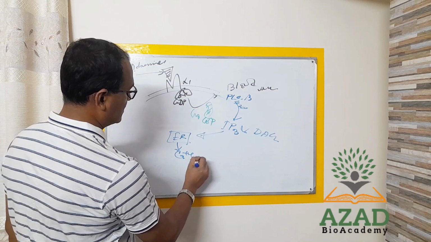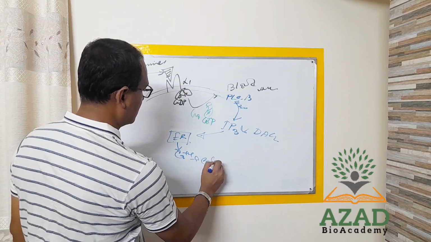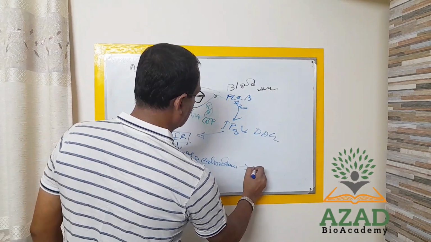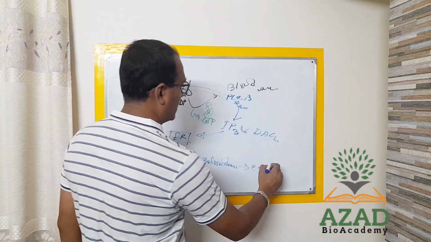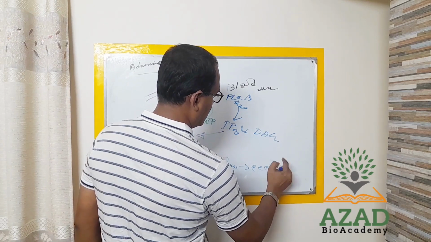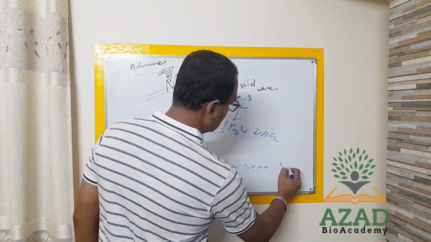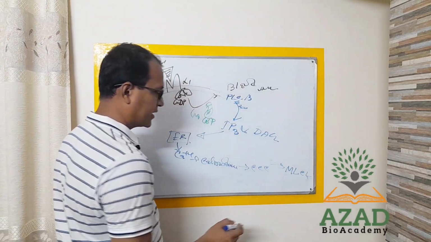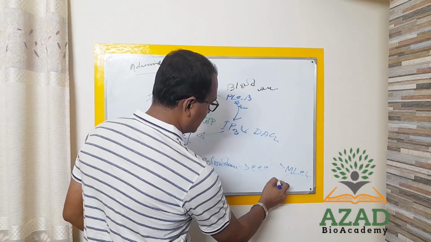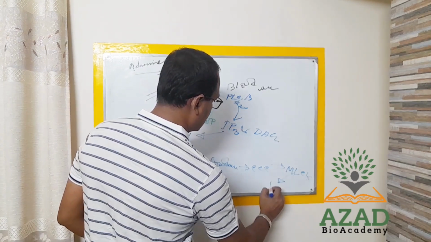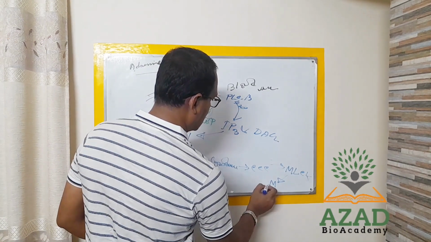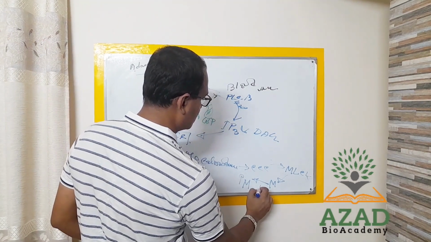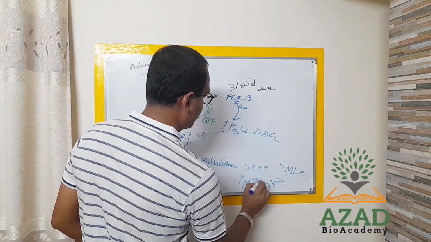Okay, that calcium will bind with the calmodulin. That calcium-calmodulin complex will activate the myosin light chain kinase. When myosin light chain kinase is activated, it will convert the myosin to phosphorylated myosin, that means a phosphate will attach.